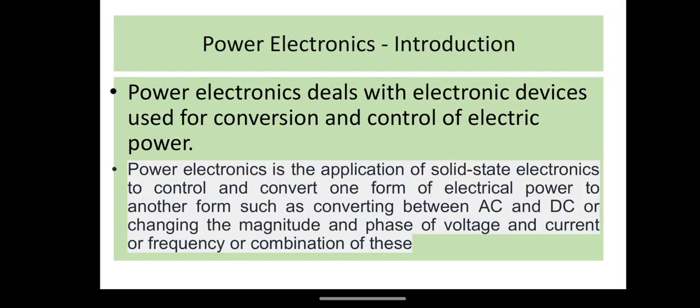And when we vary the frequency of AC, we call it a cycloconverter. So these are some of the applications of power electronics, which is used for the conversion and control of electric power.